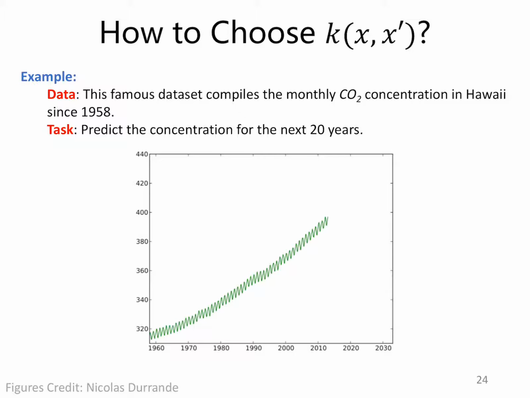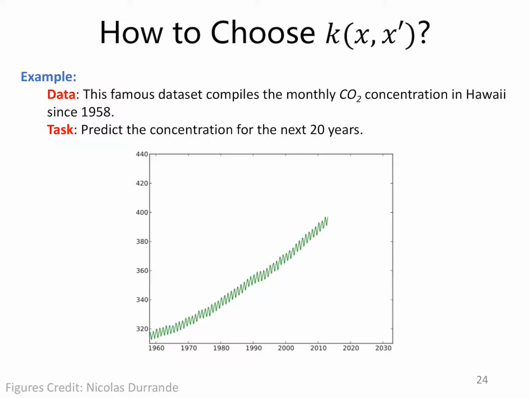We see that there's an increasing trend. Unless you're Donald Trump, you see that it's an increasing trend, and there's a fluctuation, perhaps because of the seasons. So you do expect that in 2020 you have more CO2 emission, and because this fluctuation is going on, you expect that fluctuation to continue.